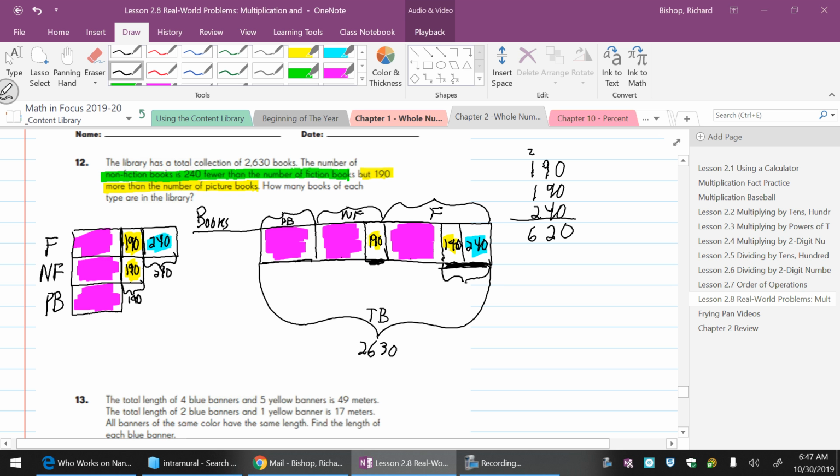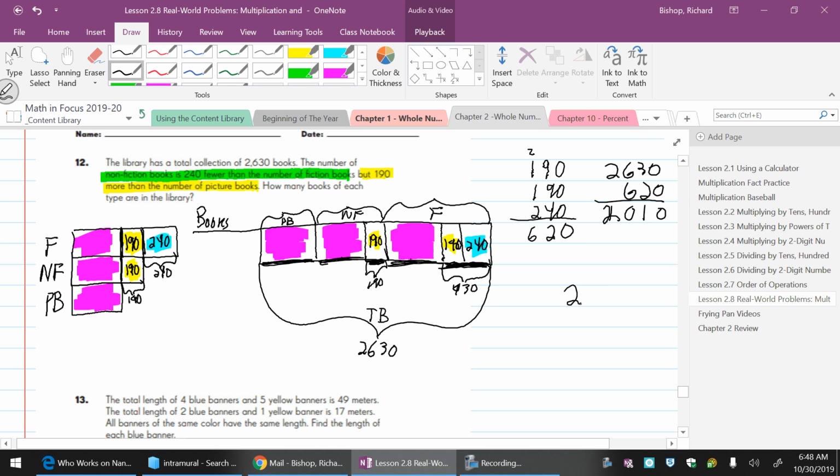That's 430 and 190. If I put those together, I have 620. Now, if I eliminate that from the 2,630, I subtract that, I'm down to, I'm sorry, 2,010. Okay, now, that 2,010 is going to be divided between these 3 equal sections.